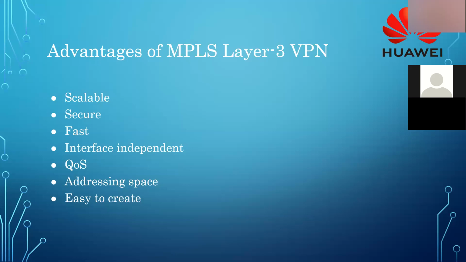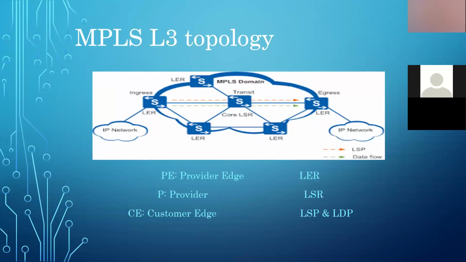And the last one in this webinar, there are lots of advantages other than these, is that it's easy to create because of the virtual link between the distant sites. That is an advantage of Layer 3 MPLS.